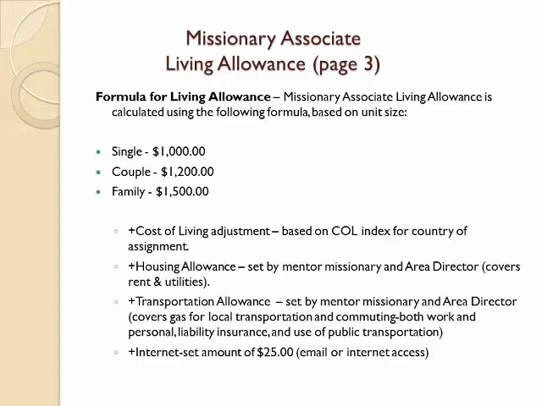They also have a chart for the cost of living, how much more it costs to live in Europe and many of the other places of the world than it does in America. So there will be an increase added to your allowance, as well as a transportation allowance, and then a $25 set fee for email or internet access goes into your allowance.